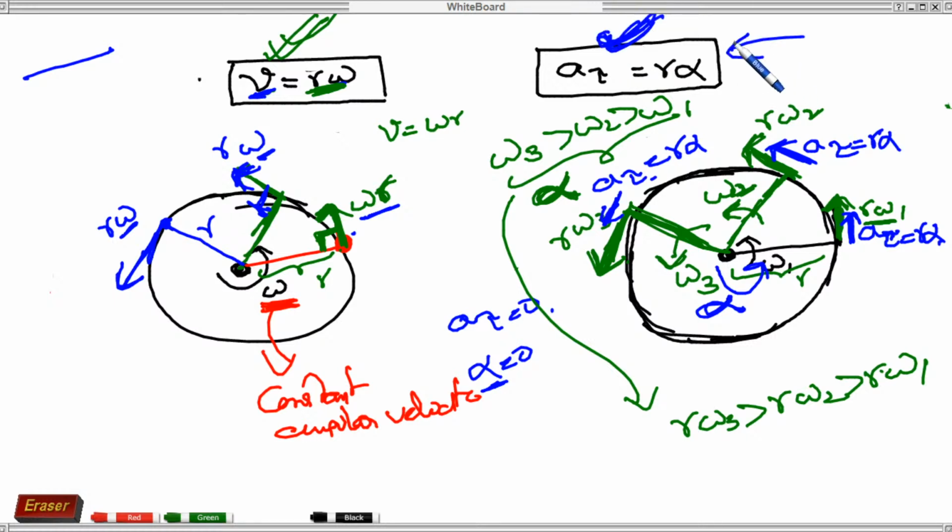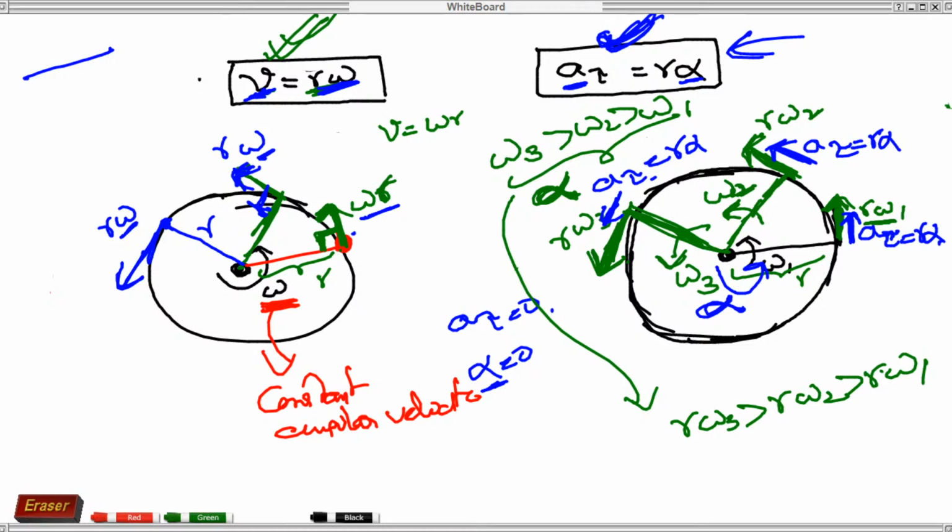By the help of these two relations you can find the relationship between tangential acceleration and angular acceleration, and between linear velocity and angular velocity. In circular motion you have to remember how to find the direction of the angular acceleration vector and angular velocity vector, and the relations v is equal to omega r and AT is equal to r alpha.